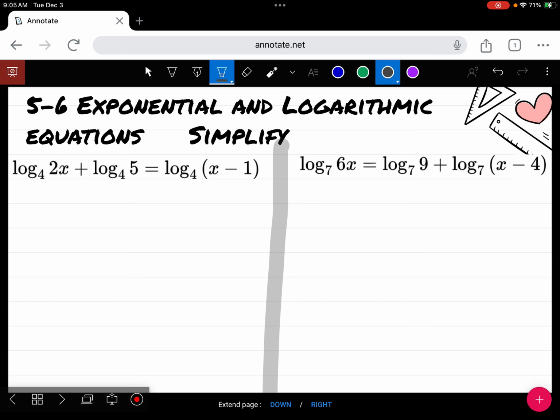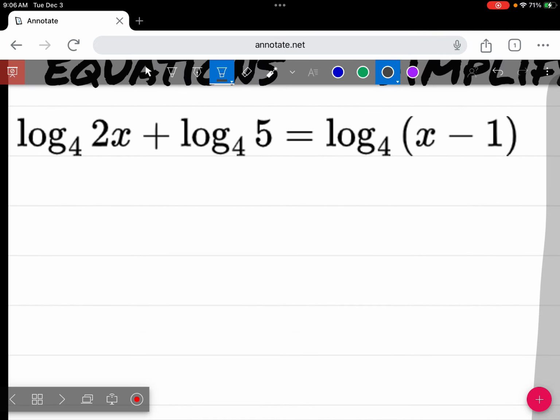So we have logs on both sides, which are kind of icky. So our left-hand one, we have log base 4 of 2x plus log base 4 of 5 equals log base 4 of the quantity x plus 1.